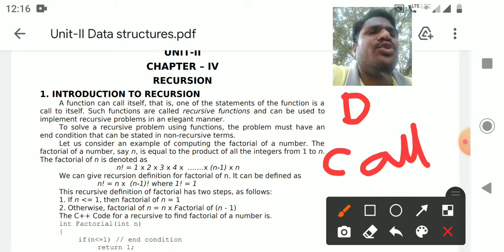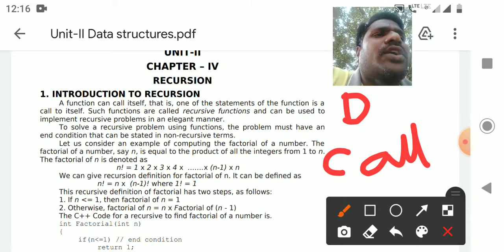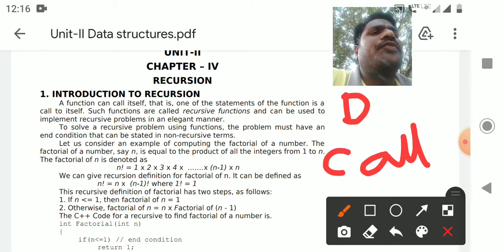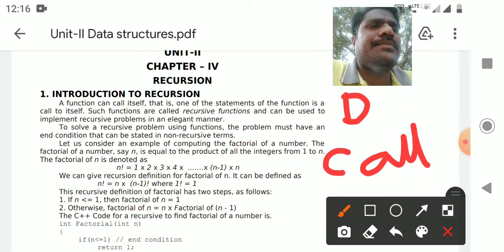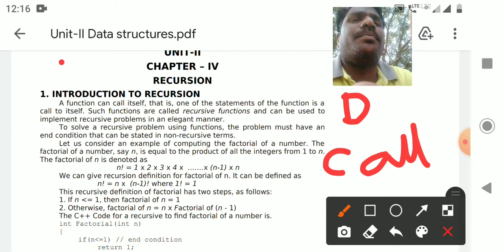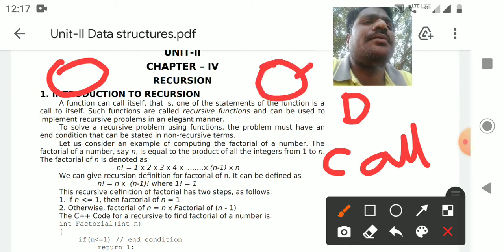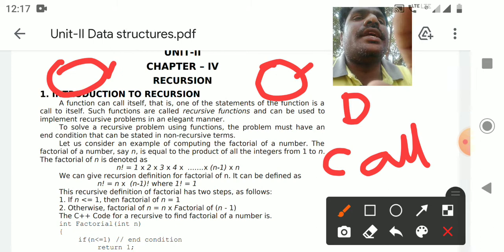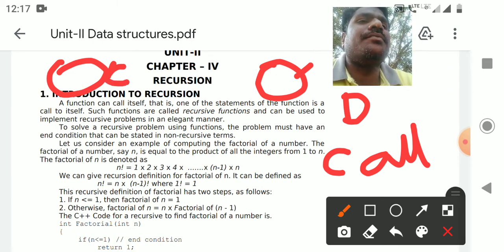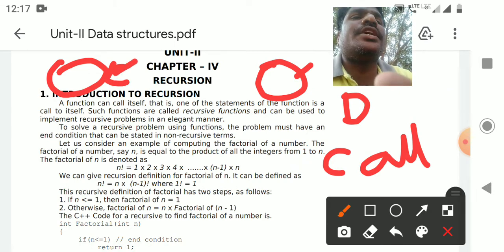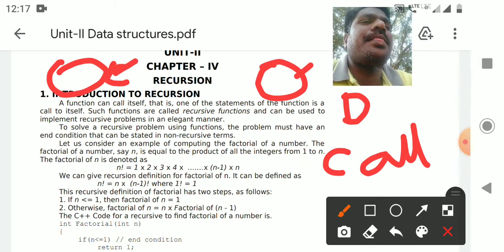The function will be defined in one place, and function calling will be done from another place. This is one block, this is a function definition. This is another block, in which I am calling this function definition. Whenever I call this function, control jumps to the function definition.